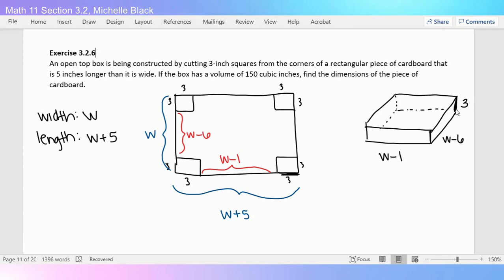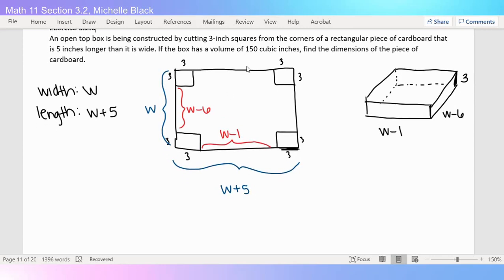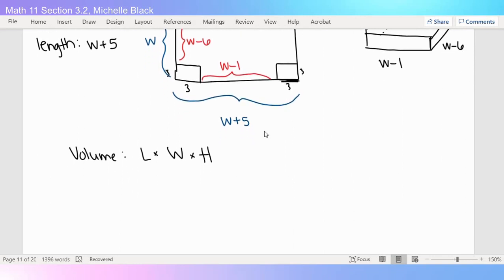I was asked to find the dimensions of the piece of cardboard, and I was given the volume. So if you remember the formula for volume, volume is length times width times height. I know my length, I know my width, and I know my height.